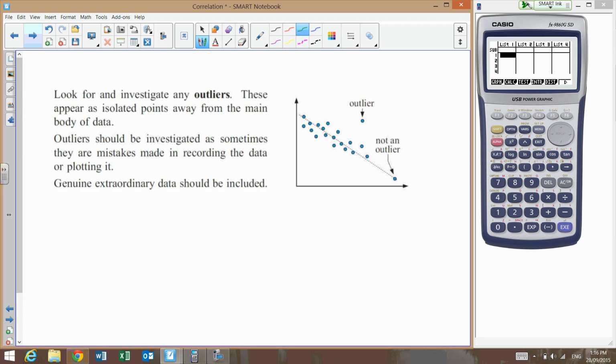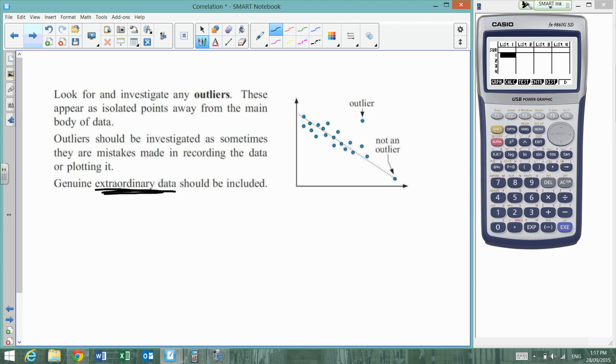We talk about outliers, and it's important to know when we include them and when we exclude them. If you have a data point that is valid, it is real, although it might seem a little bit strange, an extraordinary piece of data, it should still be included.